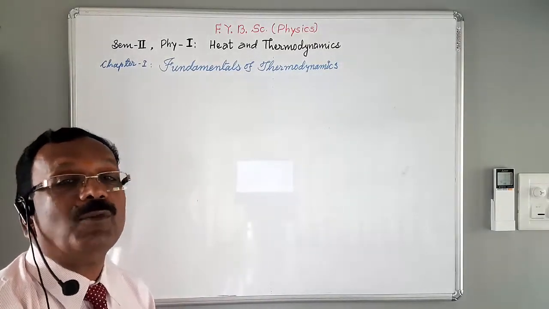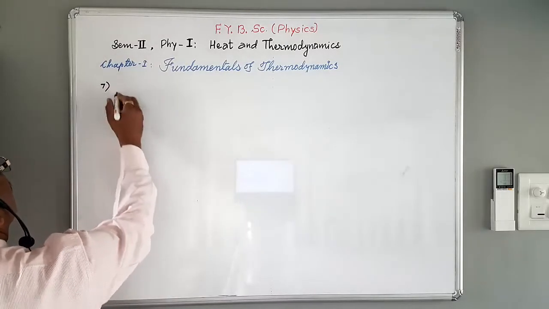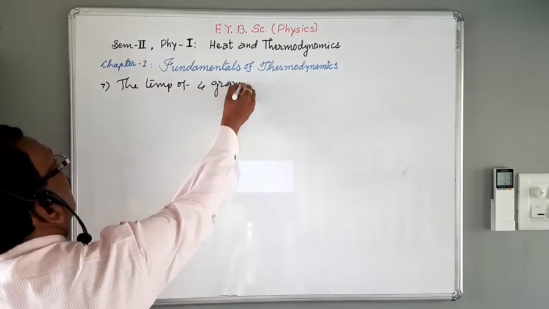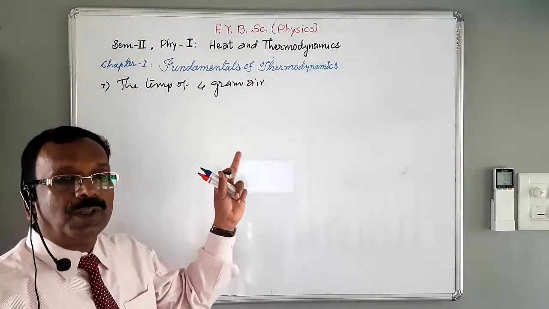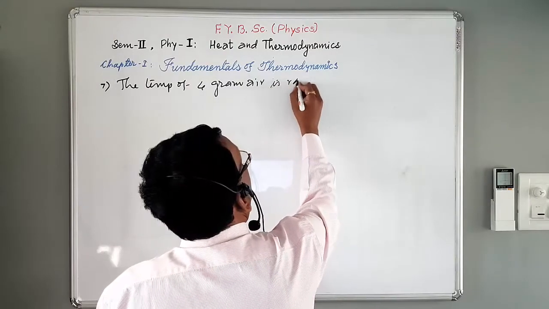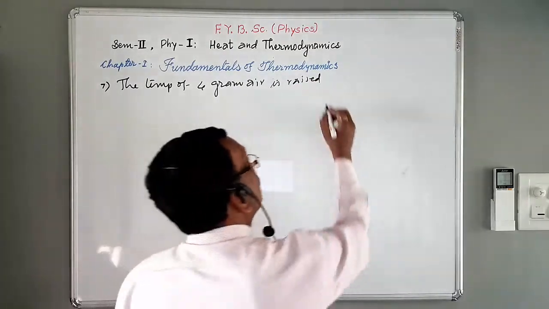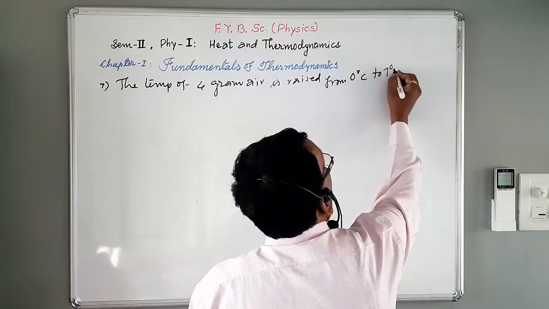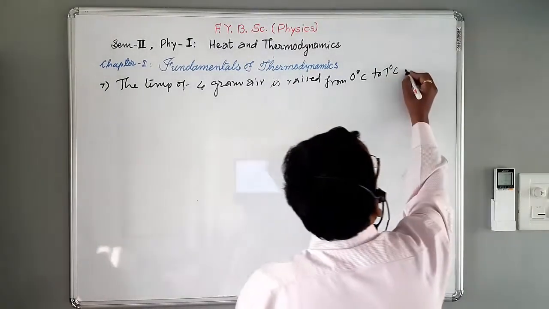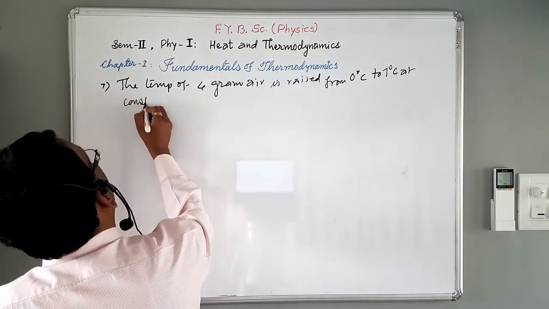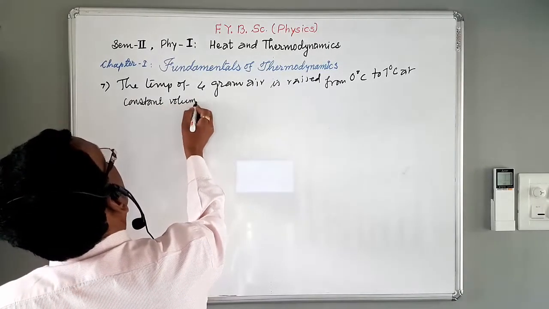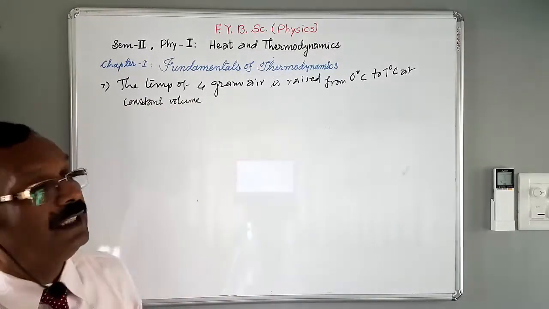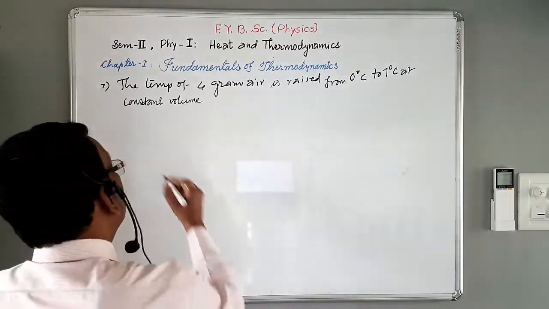The temperature of 4 gram of air is raised from 0 degree Celsius to 1 degree Celsius at constant volume.